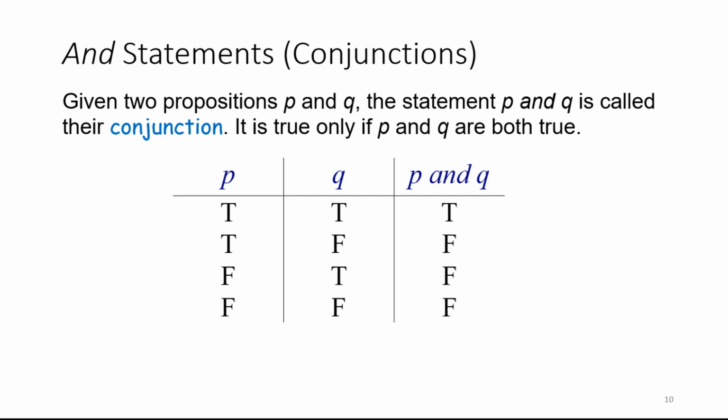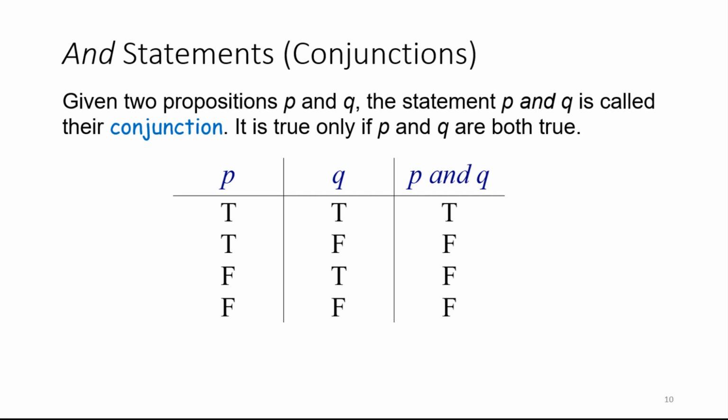The first column is labeled P, and possible truth values in that column are T, T, F, F. The second column is Q, and the truth values for Q in that column are T, F, T, F, and the third column is labeled P and Q.